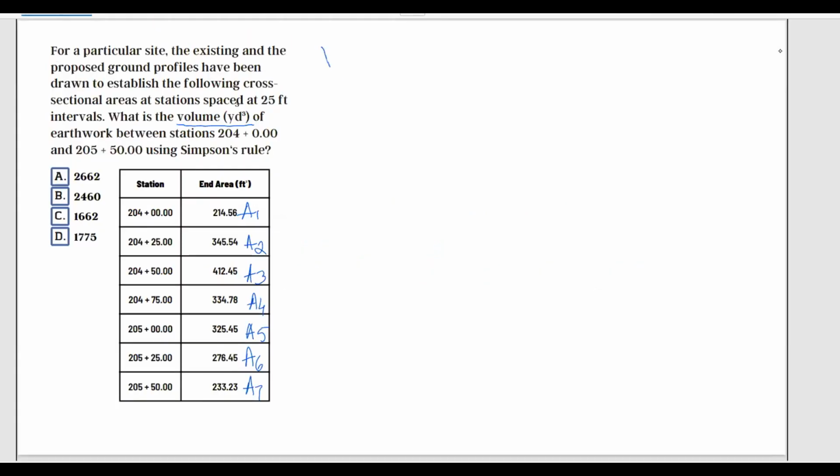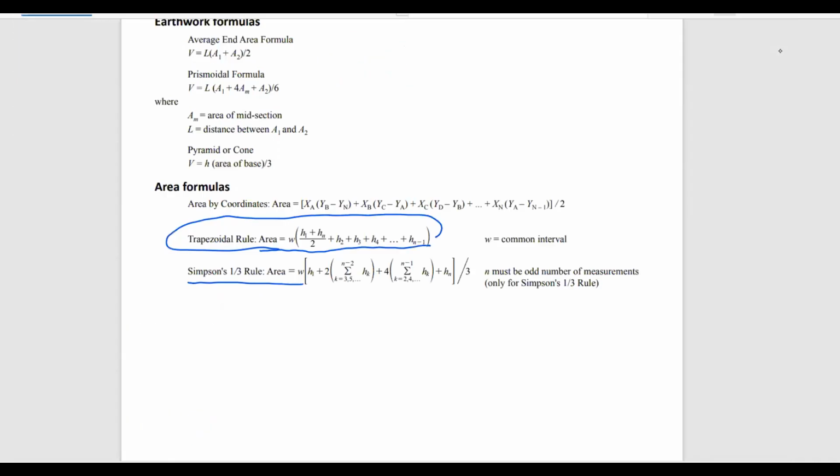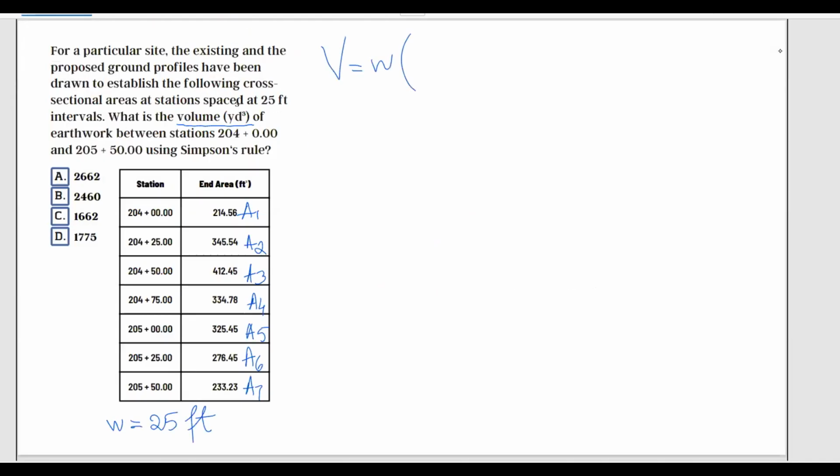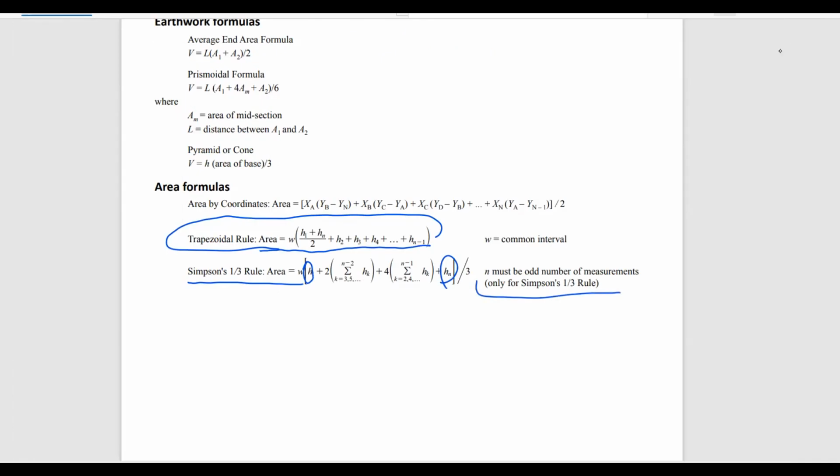So the volume is going to be equal to W multiplied by, coming back here, we have H1 plus Hn. So we're going to say A1 plus our Hn is A7. And then next we have to add 2 times n minus 2. When n is an odd number, that means we have to multiply all the areas that have an odd number with 2.